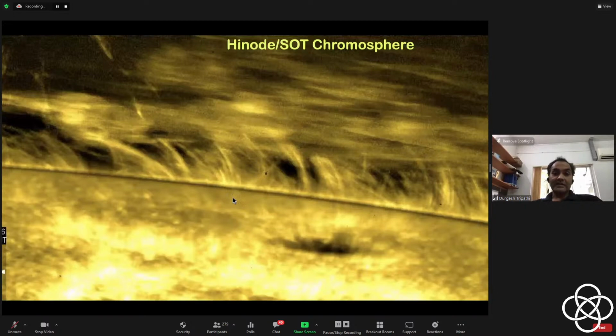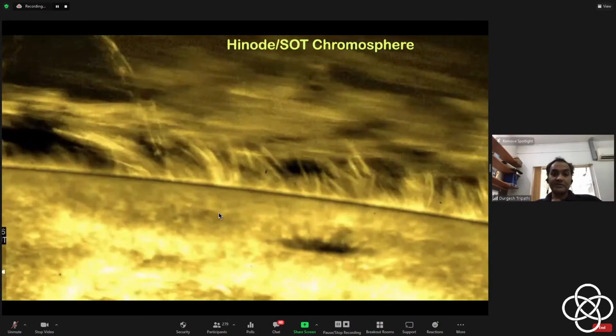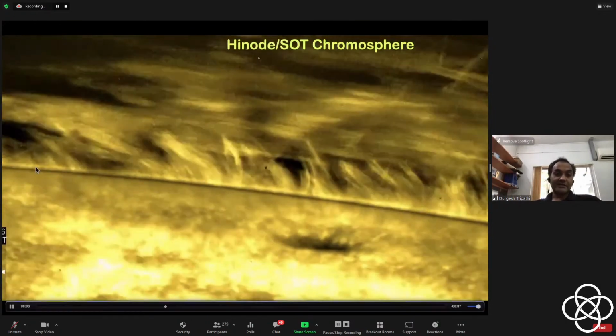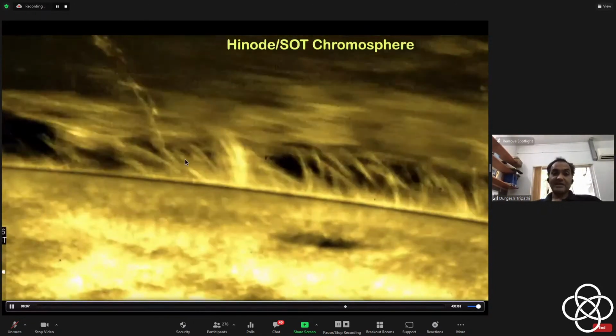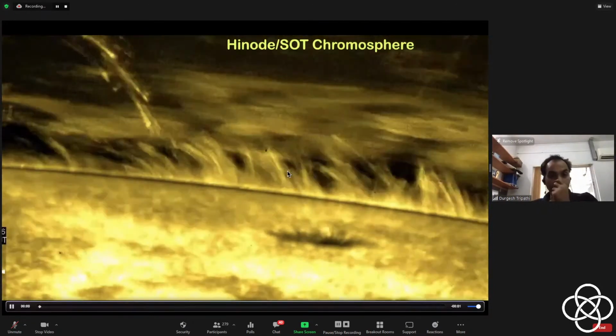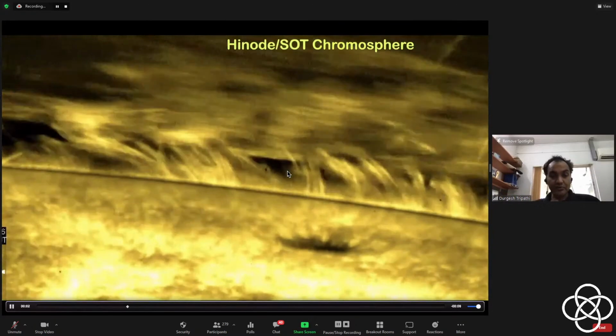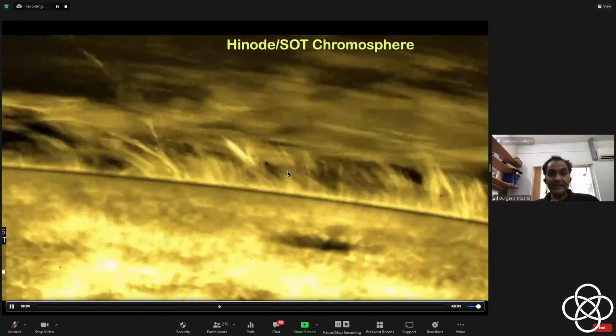So this is taken in calcium-2 from Hinode SOT observation, and what you are essentially seeing here is the limb, and these are spicule-like material which are showing wobbling and swaying motions.